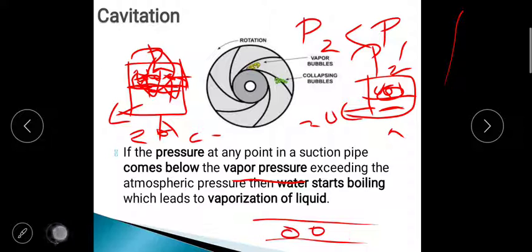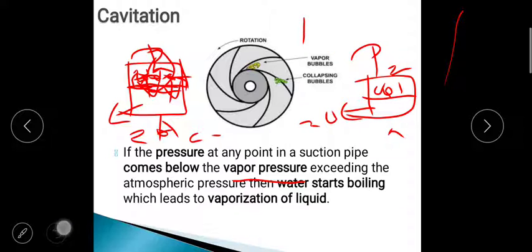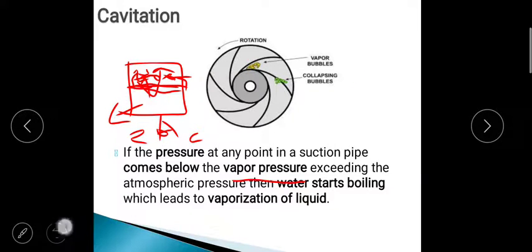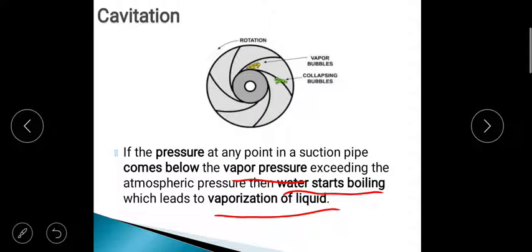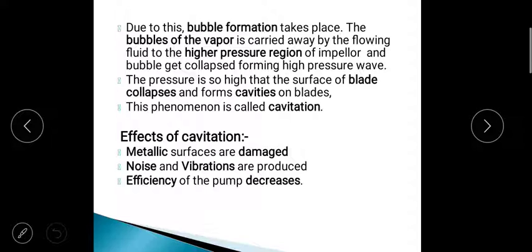Okay, now you understood why this is happening. It is just that if the pressure inside any pipe comes below the vapor pressure, the water starts boiling and leads to the vaporization of the liquid. Due to this vaporization, there is a formation of bubbles.